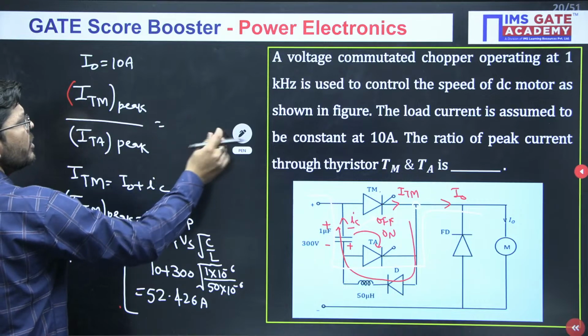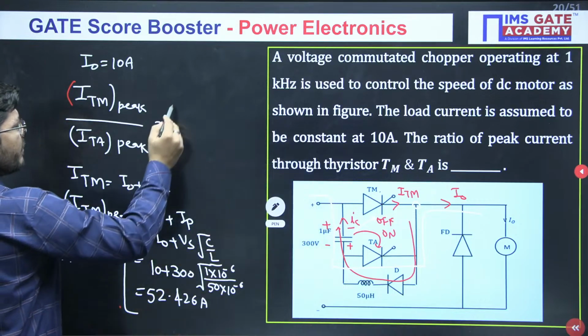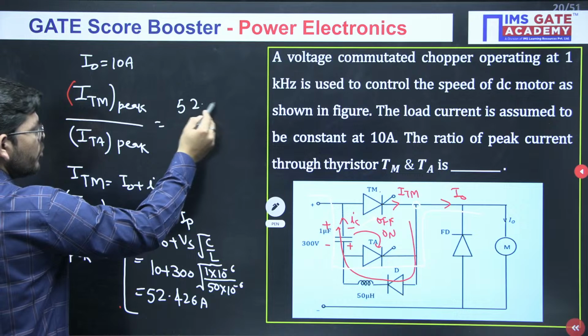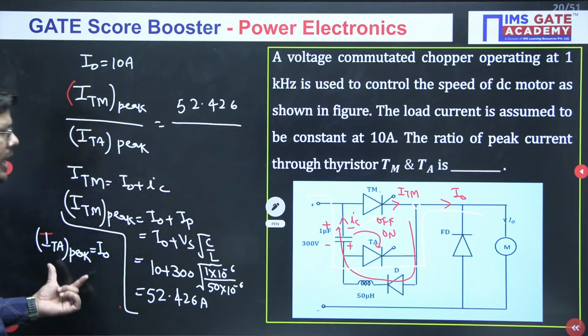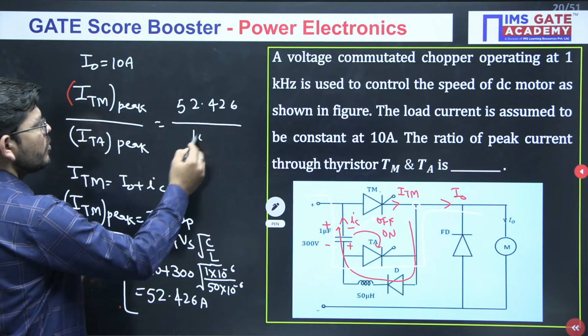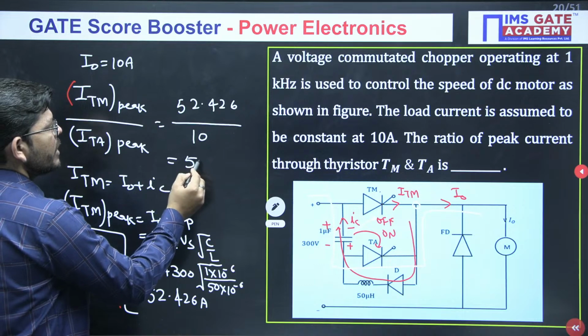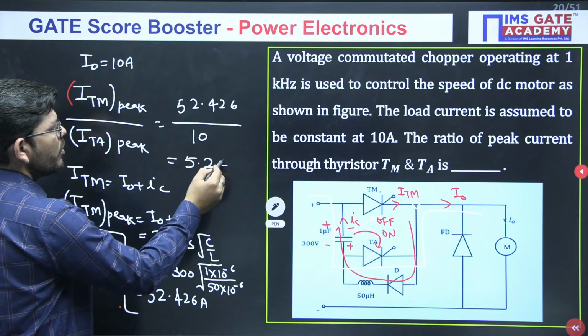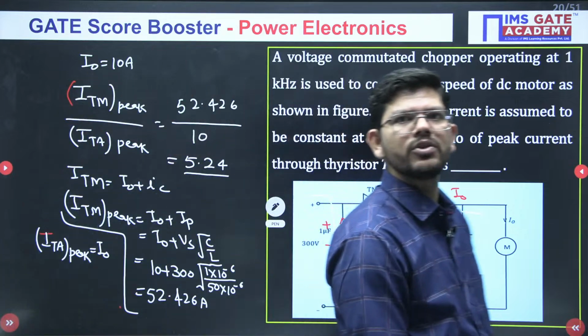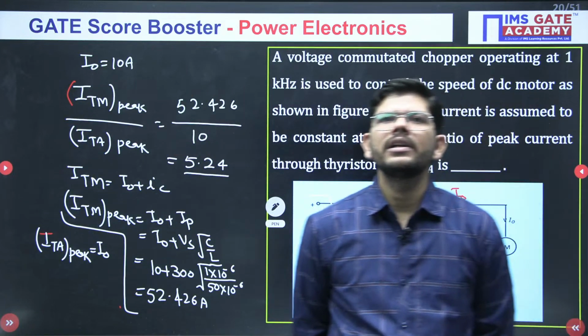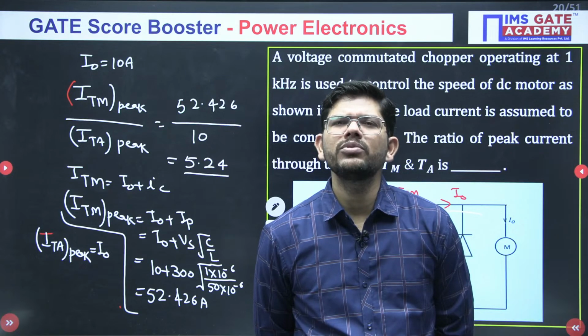So if we come back here and put the values, what do we have? ITM peak is basically 52.426 and ITA peak is exactly equal to I naught, and I naught is given to us. How much is I naught? 10. So we will get 5.24 as the ratio. Nilmesh, you gave an answer of 1.23.